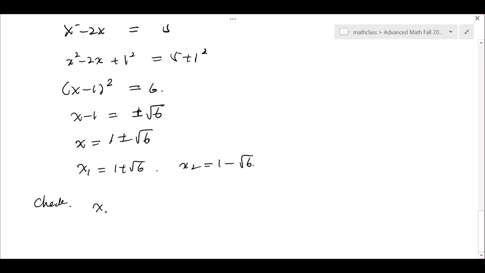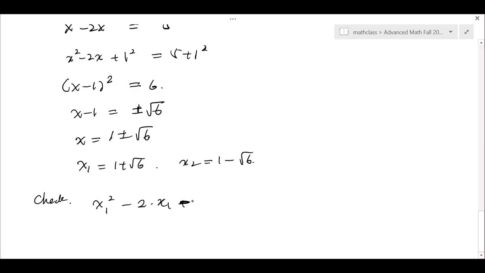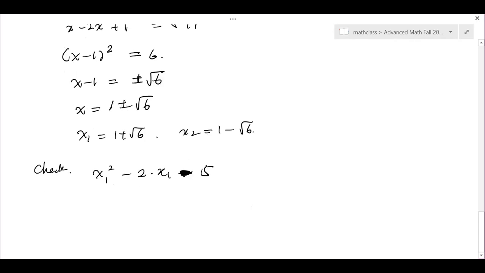So x1 squared minus 2 times x1 minus 5. We can see, it's (1 plus square root 6) squared minus 2 times (1 plus square root 6) minus 5. And this should be equal to 0. It's not obvious when you look at that.